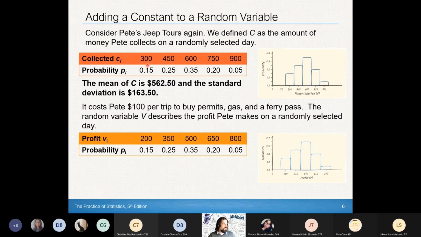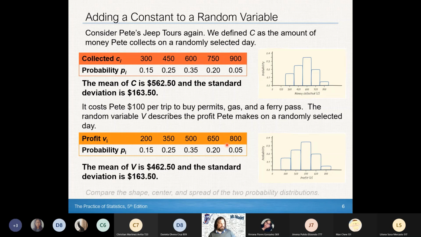The distance from 300 to 900 is the same as the distance from 200 to 800. I didn't do anything to adjust those by subtracting. So that means the mean of V is 462.50, just the mean of C minus 100. However, the standard deviation remains the same, right, at 163.50. The subtraction has no effect on the measures of spread.